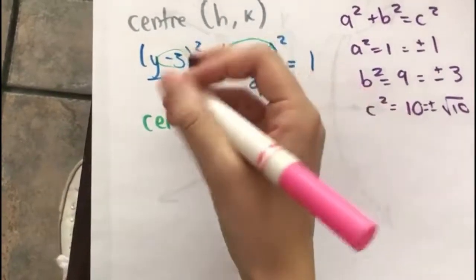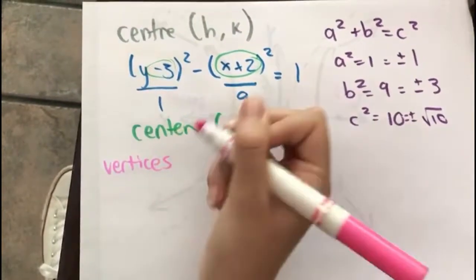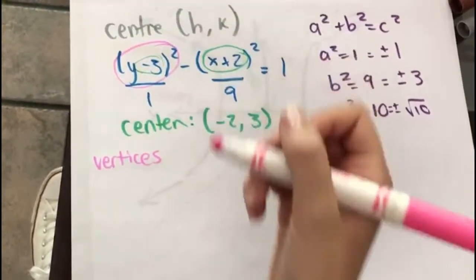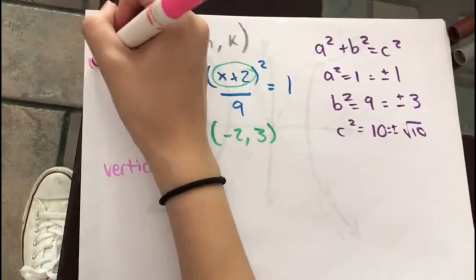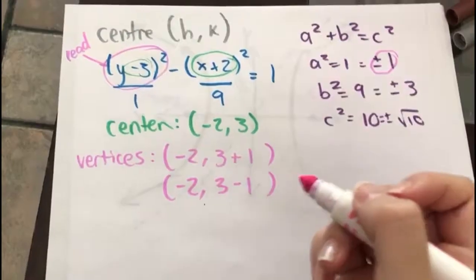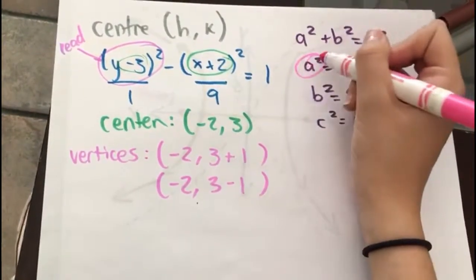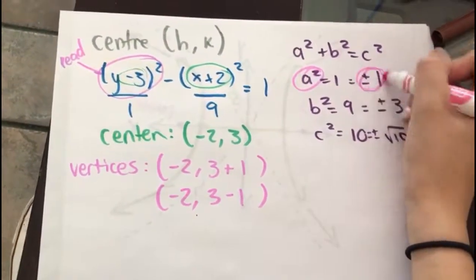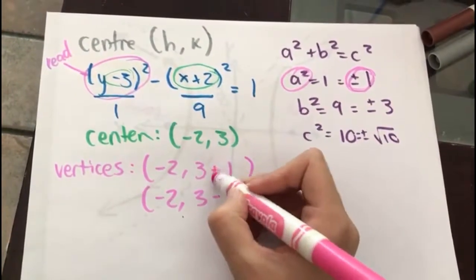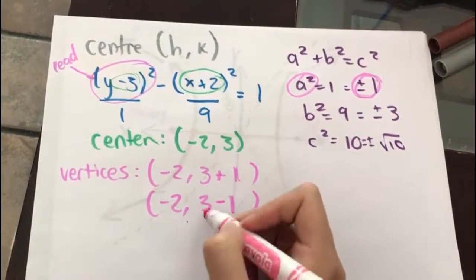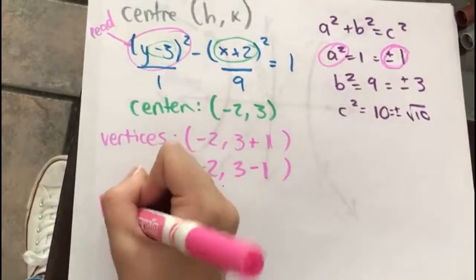With this, we have to find the vertices. The y-axis is the lead, so to find the vertices we use a squared. For that, we add and subtract 1 to the y-coordinate, so it's 3 plus 1 and 3 minus 1. Also we're going to use the foci.